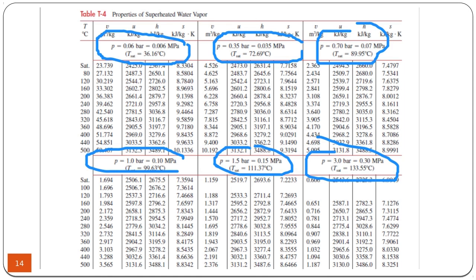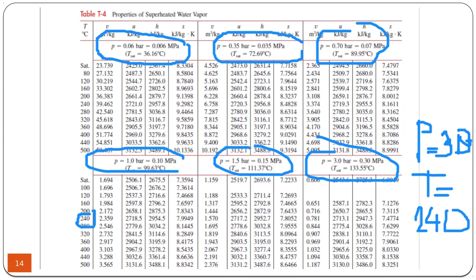as attachments. So once you have the pressure, for instance, you are given a pressure of 3 bars, let's say in the superheat region, you need to use this one, 3 bars. And also, let's say that the temperature is 240.